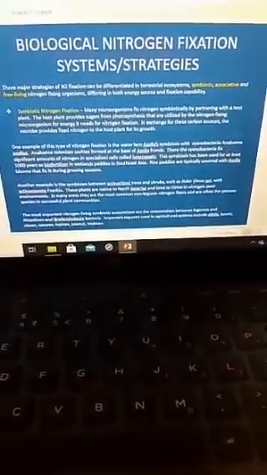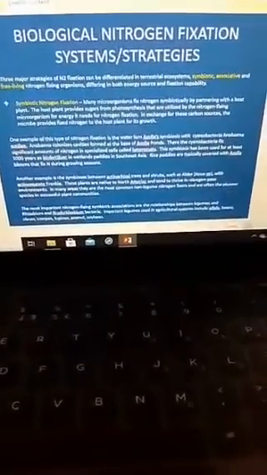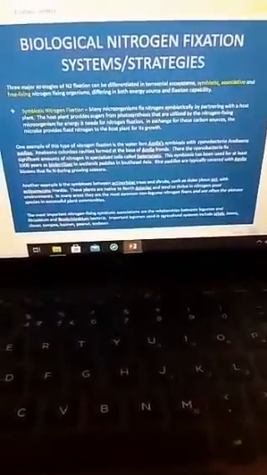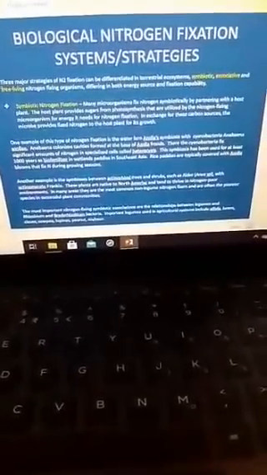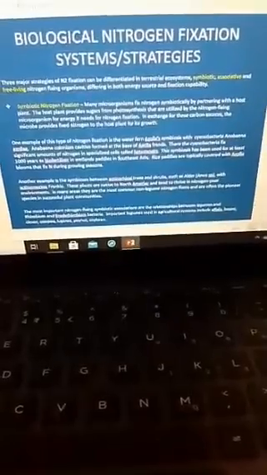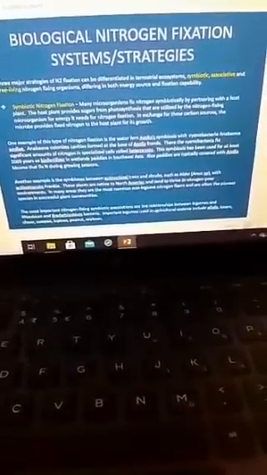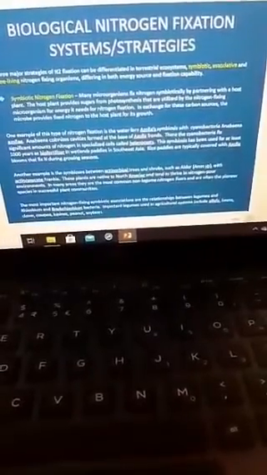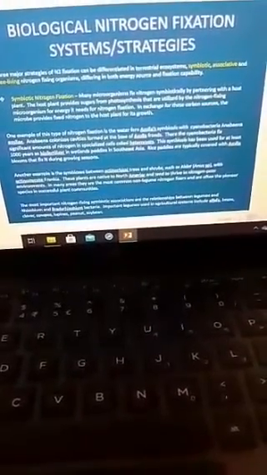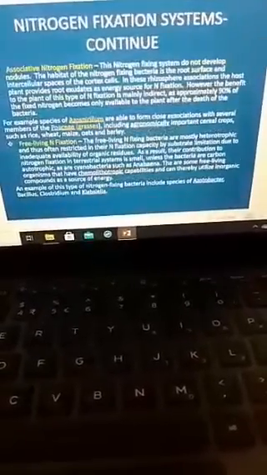Now, there are three systems of nitrogen fixation, which I believe when you read them, you will be able to understand. I'm not going to go into them in great detail. You've got the symbiotic nitrogen fixation, which is probably the most dominant, where the microorganisms and the plants form symbiotic association. Please read about that.